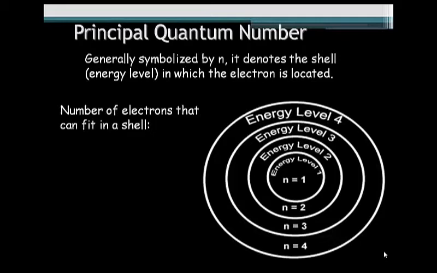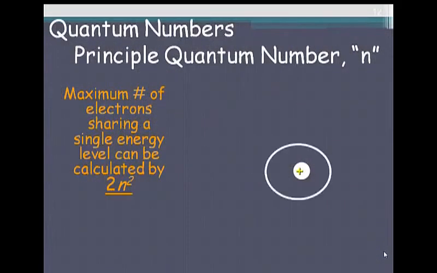There's a fixed number of electrons that can fit in any energy level or in any shell, and that's designated by this equation, 2n squared. So if we solve for the first energy level, 2 electrons can fit in it, or 1 squared times 2 is 2.